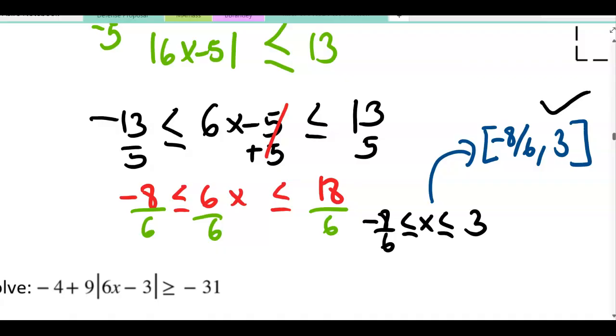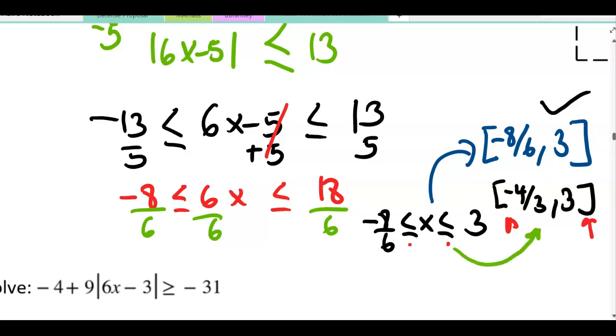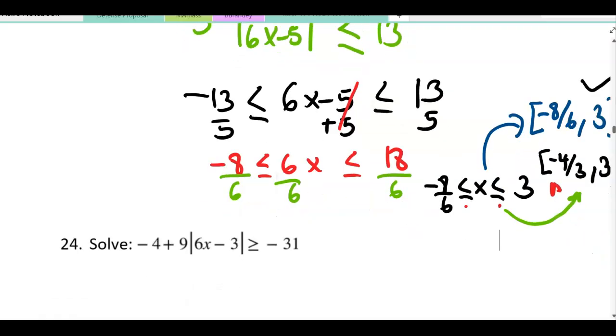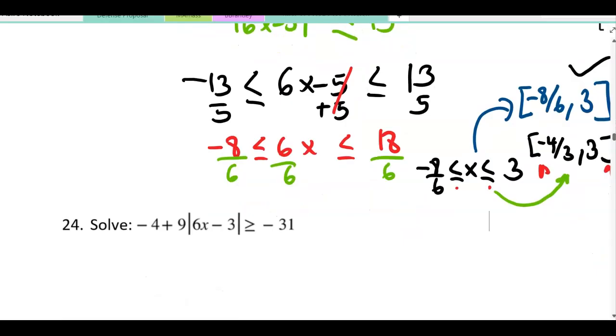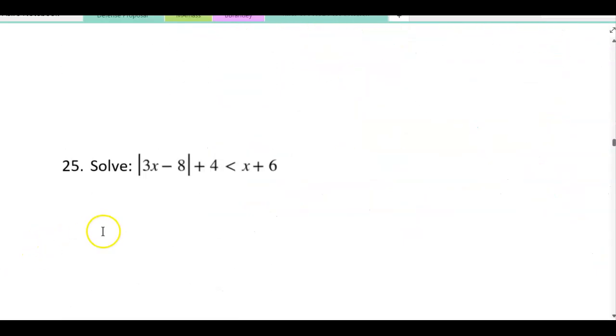If you really want to go one step further, you can write it this way also. Be careful that these should be bracketed because of these little lines, and be careful that you need to convert from inequality form to interval form. That's the other thing I wanted to emphasize. Let's see what else.